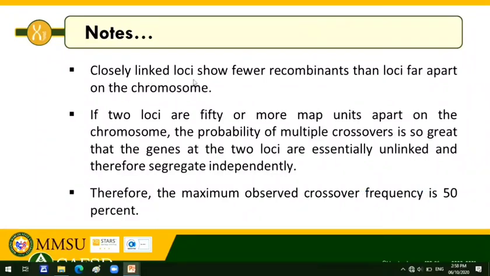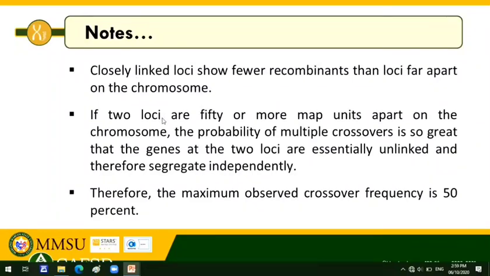Ibig sabihin daw, kapag mas malayo ang genes sa isa't isa, sa same chromosome, there is a higher chance of crossover. But if mas malapit ang genes sa isa't isa, there is lesser chance of crossover. So, ibig sabihin, malaki ang chance na there is linkage. Okay? There is linkage of genes.